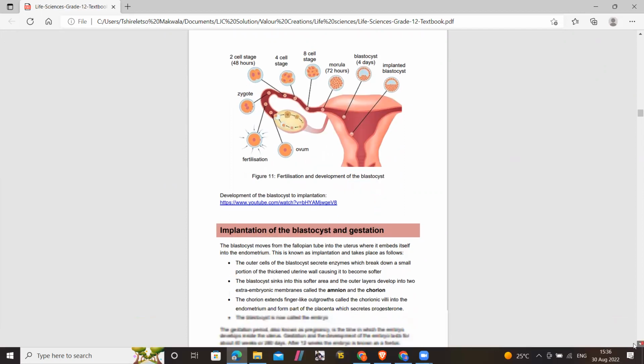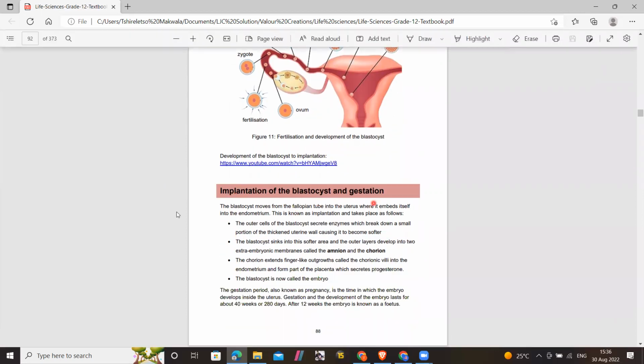Then implantation of the blastocyte and gestation. The blastocyte moves from the fallopian tube into the uterus, where it embeds itself in the endometrium. The endometrium is the wall lining the uterus, the womb.